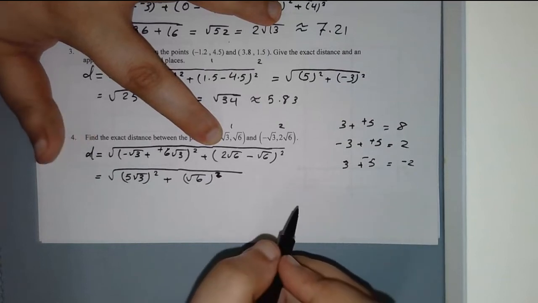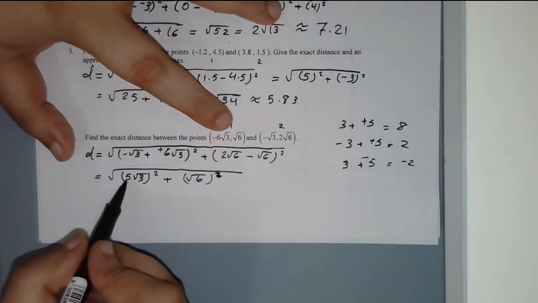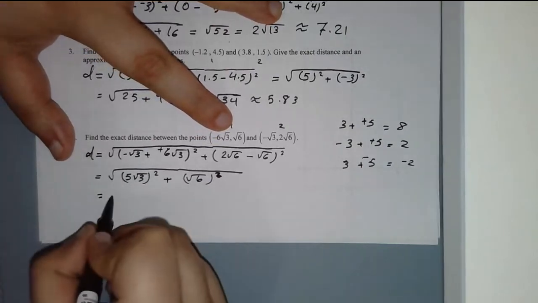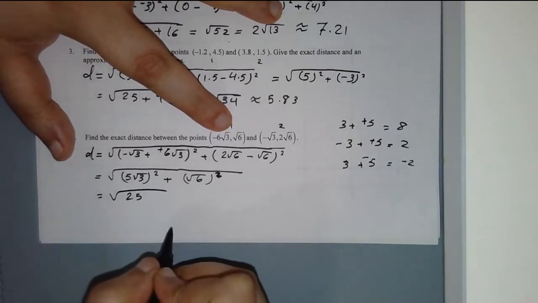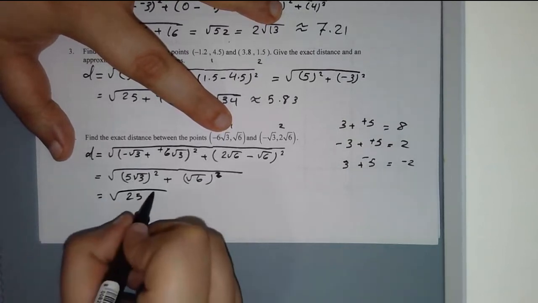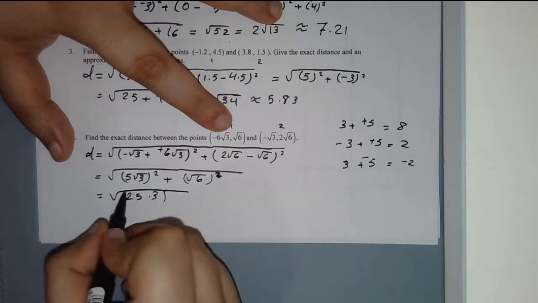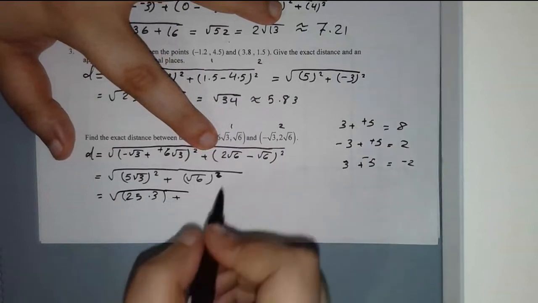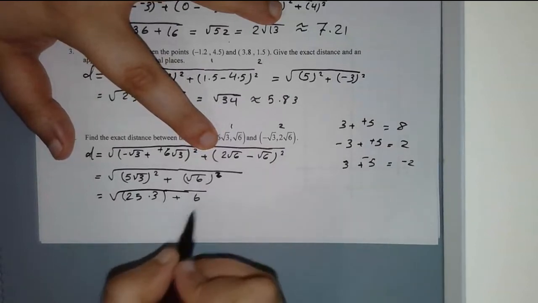So far so good? Now, when I square this, I'm just going to square both. So 5 squared is 25, right? And root of 3 squared is 3, right? And these are multiplied. You're supposed to multiply these. Now, plus 6 squared is just 6, because it's the root of 6.